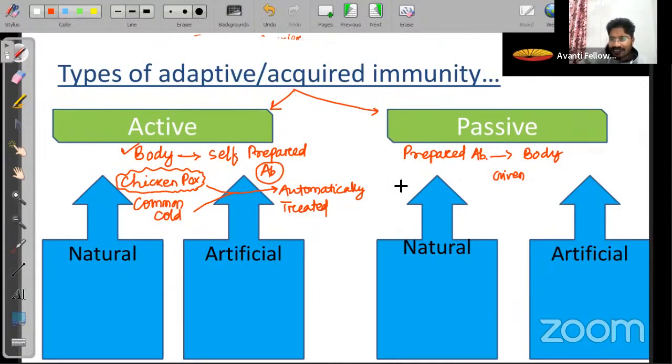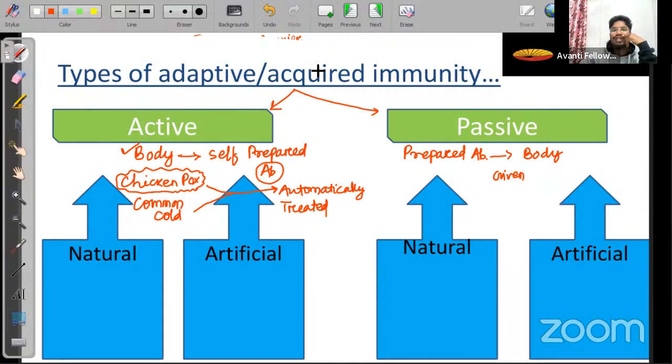In the second case, that is passive, we are given prepared antibody. Let us take an example. Suppose a snake comes and bites me.